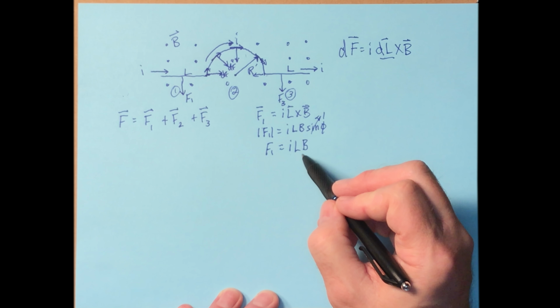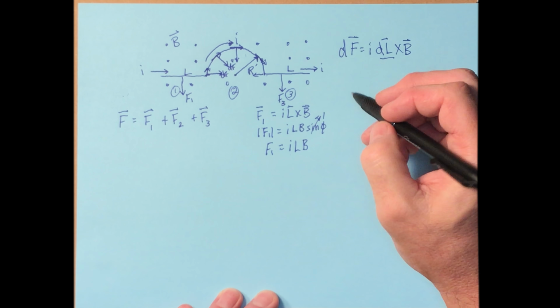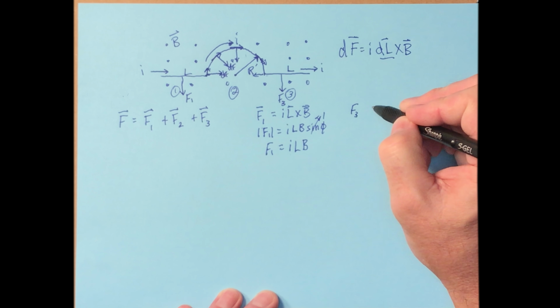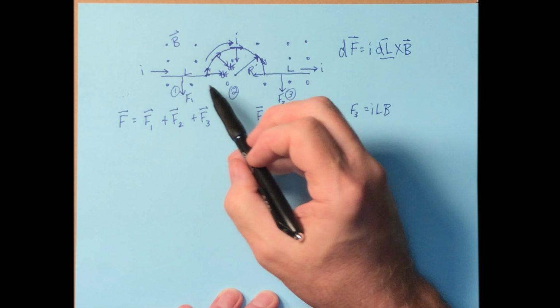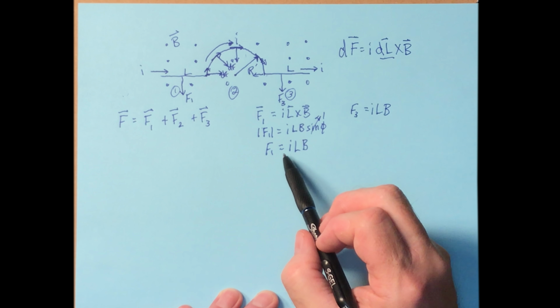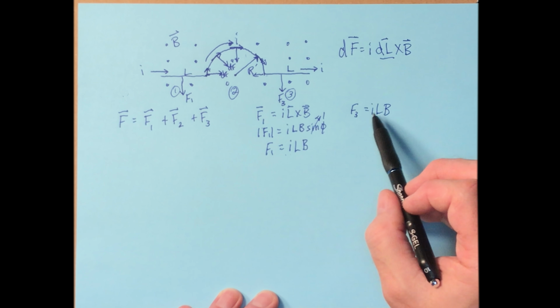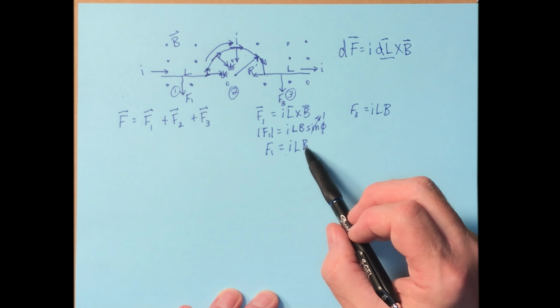It's just that. Now, F3 is going to be exactly the same. It's going to be I, L, B. So these two forces, when we add those together, they point in the same direction, so we will just numerically add those two things together.